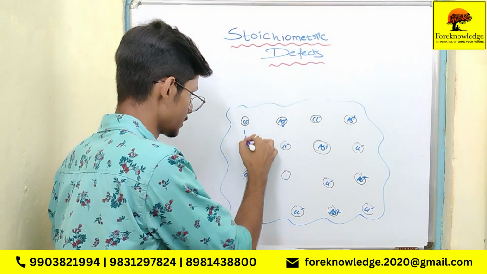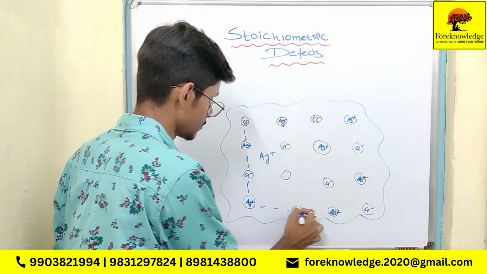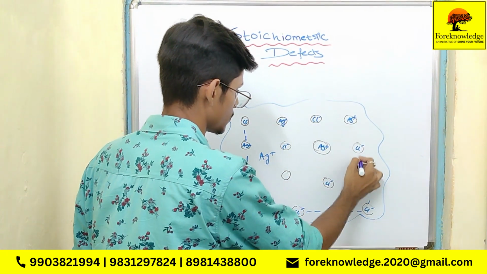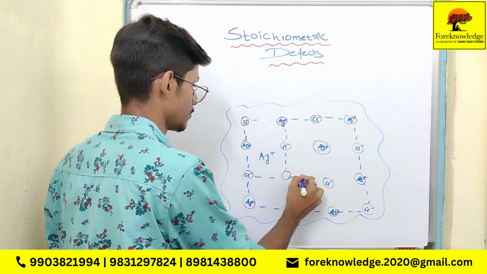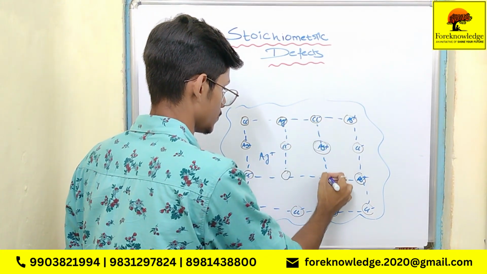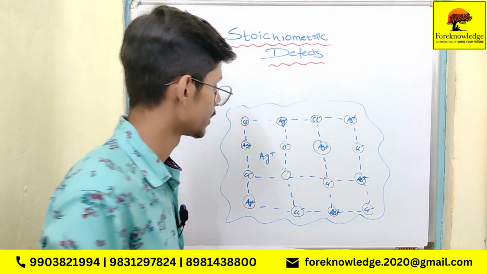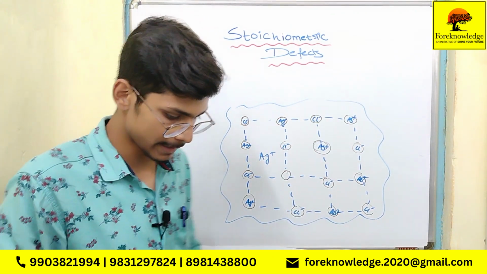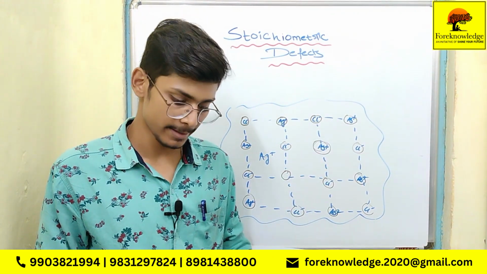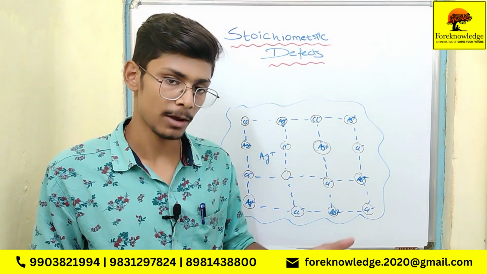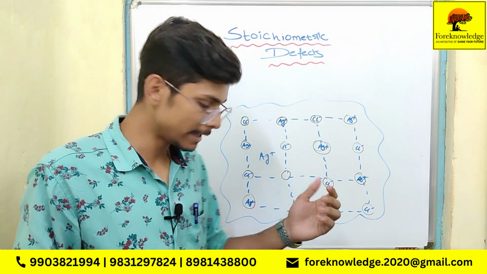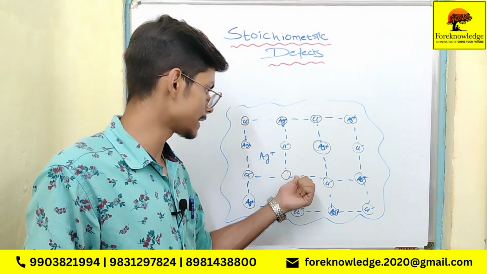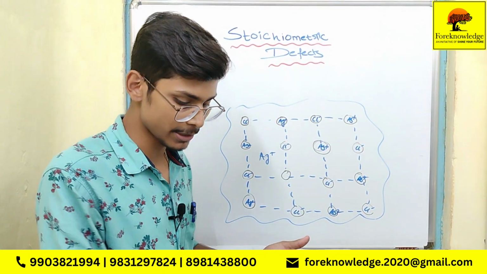First, let me complete it. Okay, so what happens basically? This defect arises when a cation leaves its lattice site and gets occupied in the interstitial state.